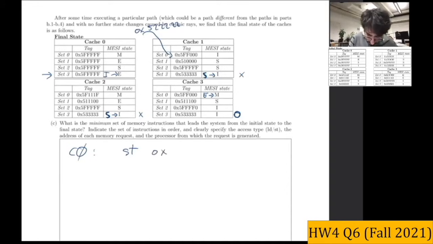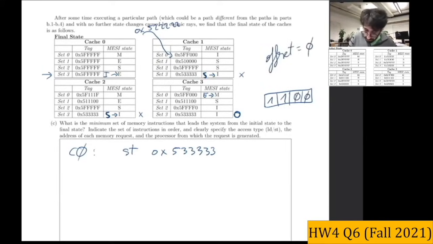So we store to the same address. We have to specify the set as well. The sets are 2 bits, so if we are in set 3, we have 1, 1, and because we assume the offset is 0, we have 1, 1, 0, 0, and this is C. So we need to put a C here, and the rest of the offset is 0 as well.